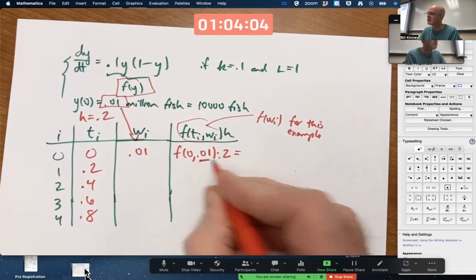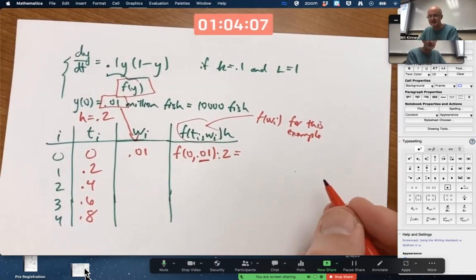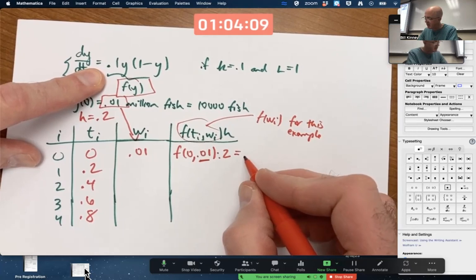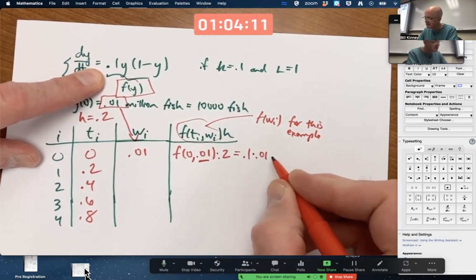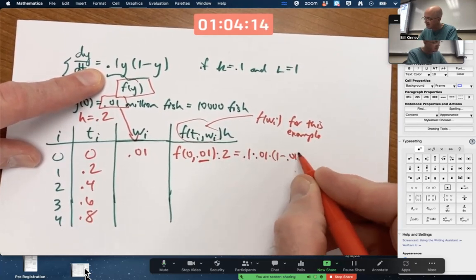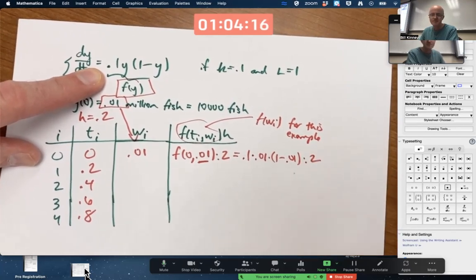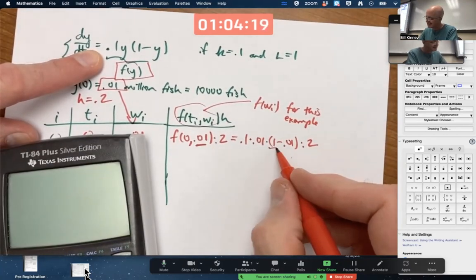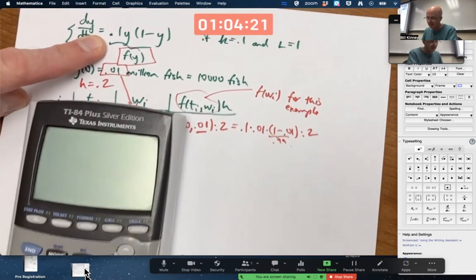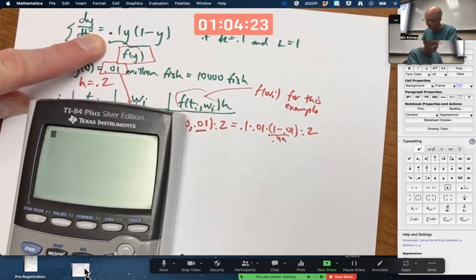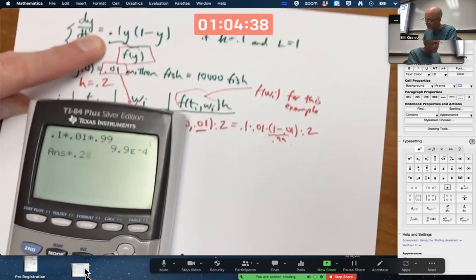So I really need to only think about the 0.01 here. Plug in 0.01 into this expression to get 0.1 times 0.01 times 1 minus 0.01 times h. This, of course, is 0.99. 0.1 times 0.01 times 0.99. The function value is that, 0.00099 times 0.2.